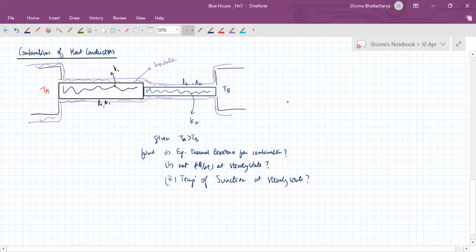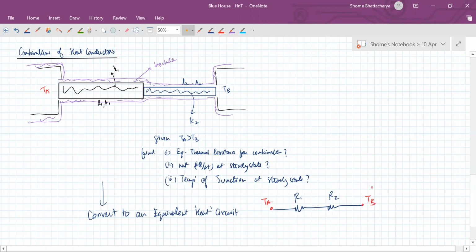So we can do this by the equivalent circuit method. Now that we have learned the concept of thermal resistance, we can convert this to an equivalent heat circuit. We are maintaining these two ends, so there will be some common heat current that flows across them.